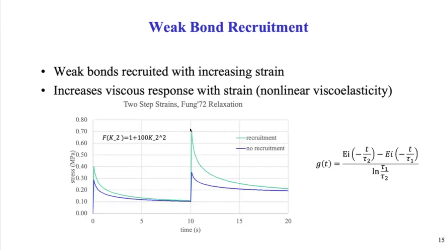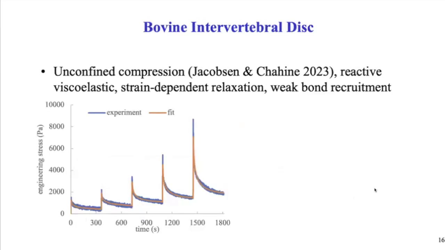In this particular case, we also used a continuous spectrum relaxation function, which was also based on Fung's constitutive model. And finally, we fitted data from my colleague, Nadine Shaheen at Columbia; this is the intervertebral disc. This is part of the paper that we published.